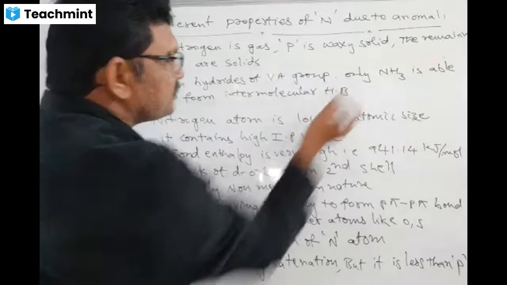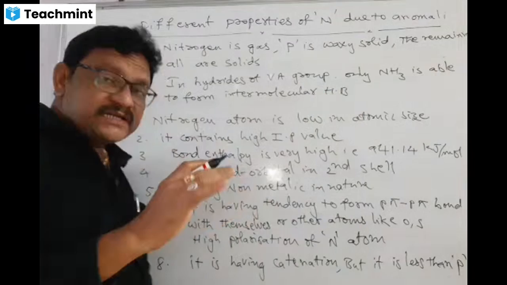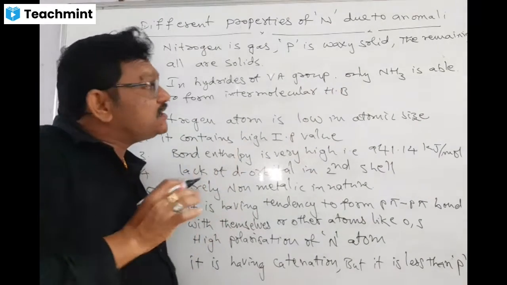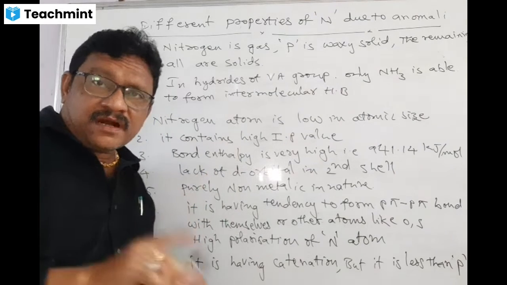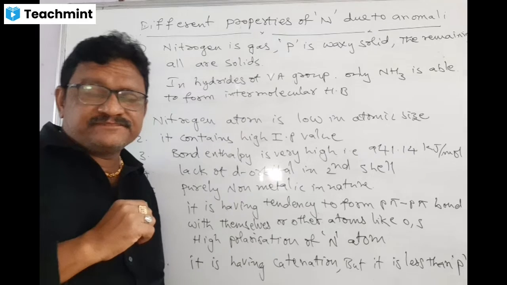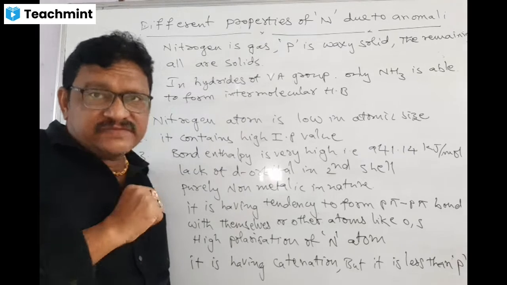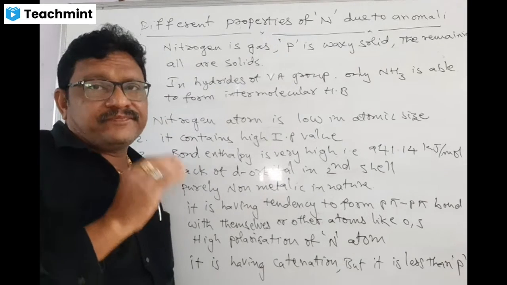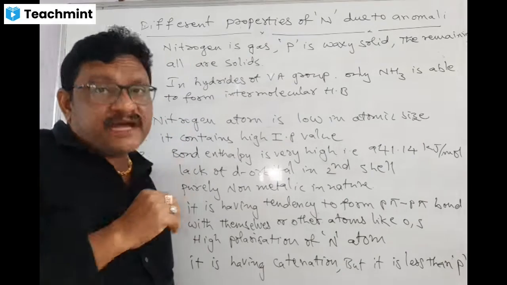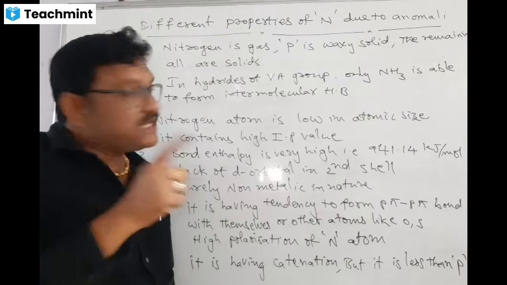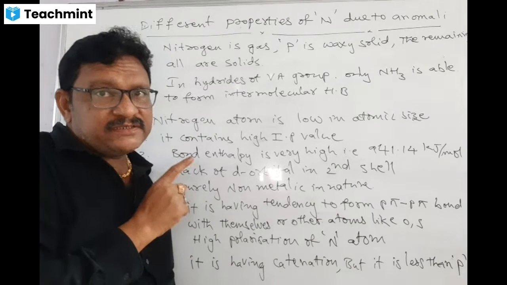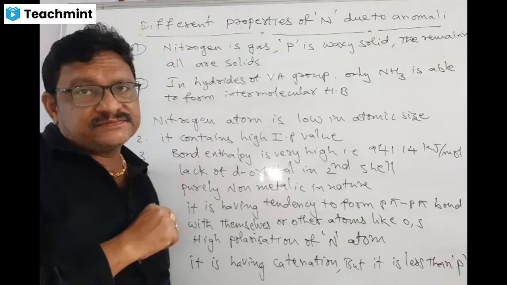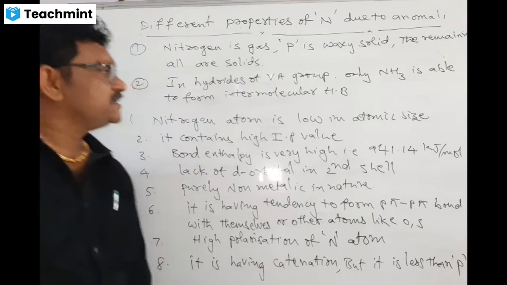The remaining hydrides cannot form. Due to the presence of intermolecular hydrogen bonding, ammonia is stable at room temperature. It is a dense liquid. It is freely soluble in water. It is possessing high boiling point. All these properties arise due to the presence of intermolecular hydrogen bonding, unlike other hydrides of fifth group. Very important.